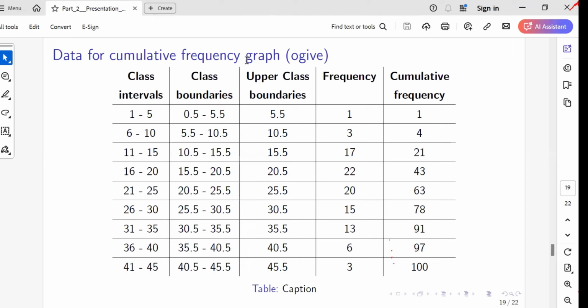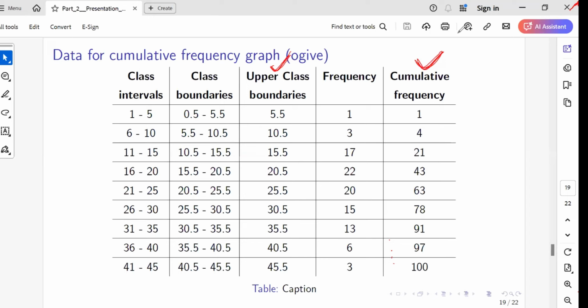The upper class boundary is used to draw the ogive. The two main data you need to draw an ogive are the upper class boundary and the cumulative frequency.